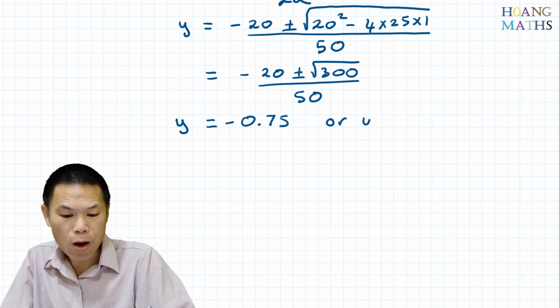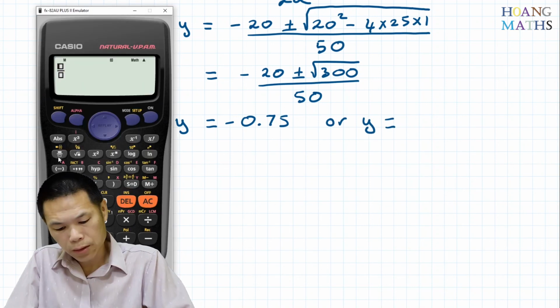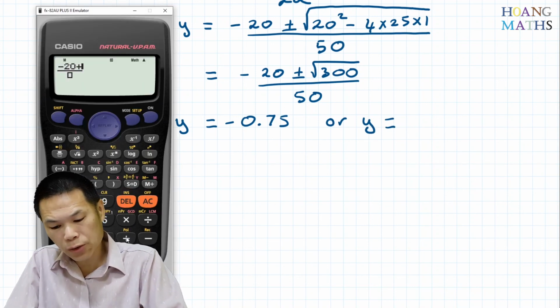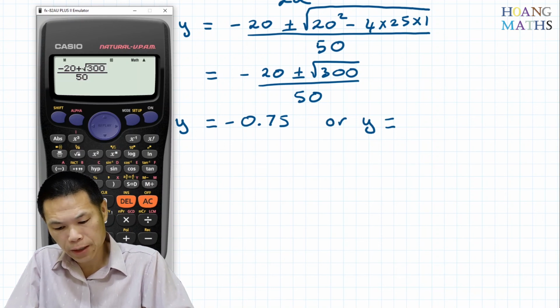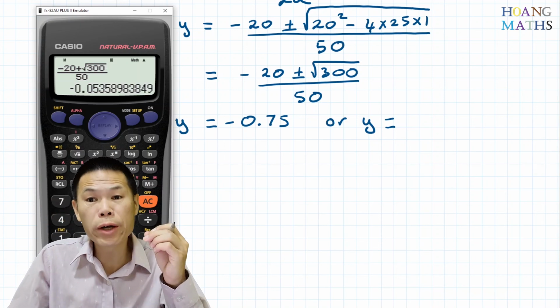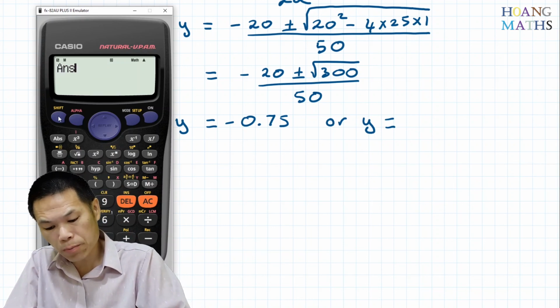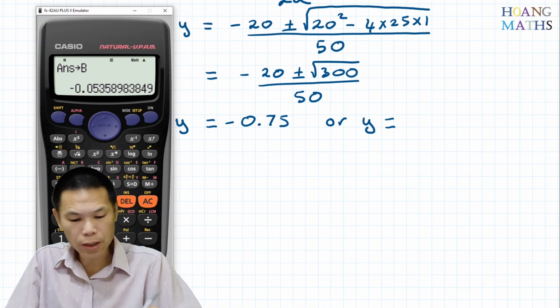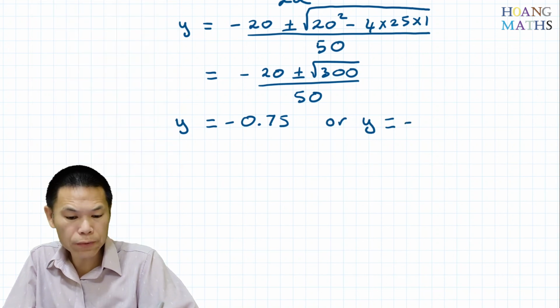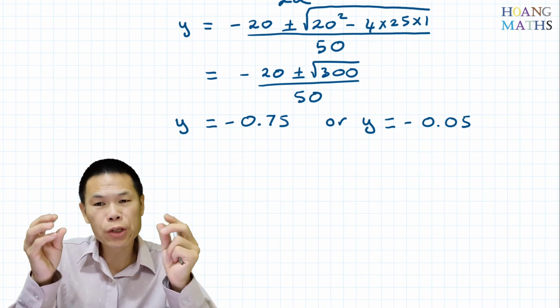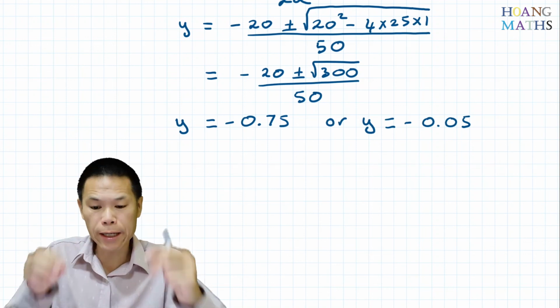Or y is equal to, so negative 20 plus square root of 300 over 50. So which is 0.05. So let me just store that in memory B first. So there you go. So negative 0.05. So now what we need to do, we just need to find the x values.